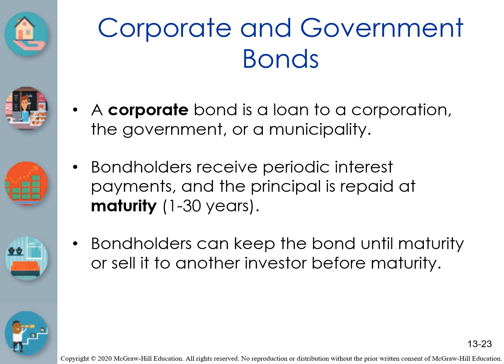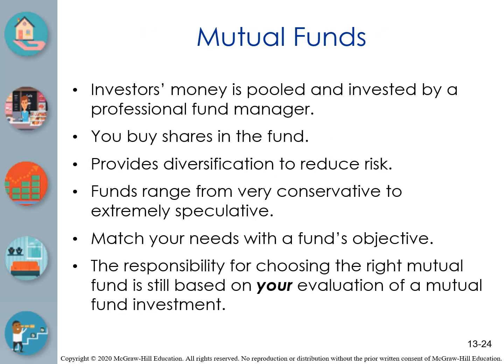Anyway, so mutual funds: investors' money is pooled and invested by a professional fund manager. You buy shares in the fund. Say the share price is $100 in this mutual fund. The mutual fund takes your $100 and spreads it out over all those investments that they have.